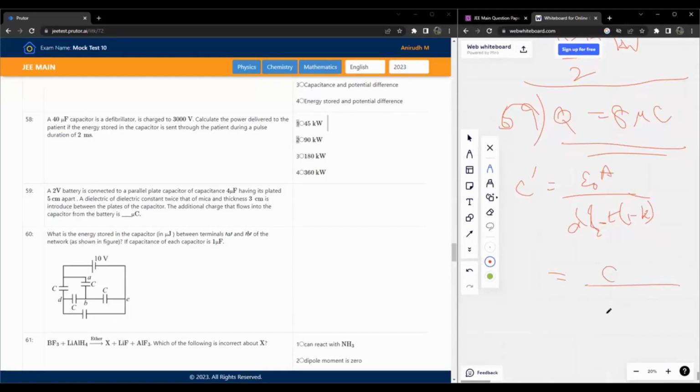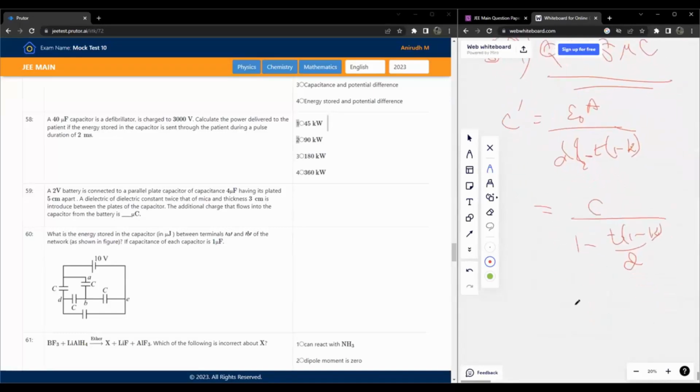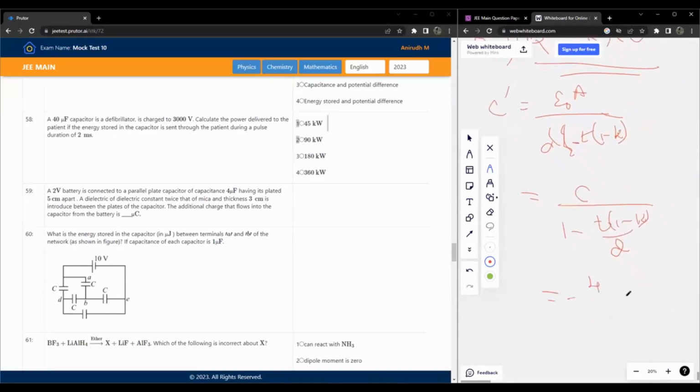So basically C divided by 1 minus T by D into 1 minus 1 by kappa, which is basically 4 divided by 1 minus 3 by 5 into 1 minus 1 by 2. Kappa is 2 here. Yeah, this is 1 by kappa.